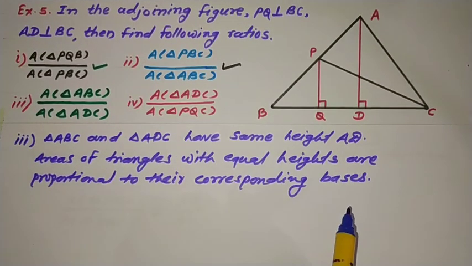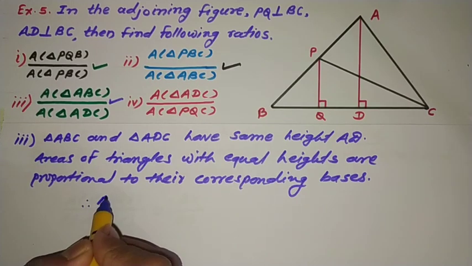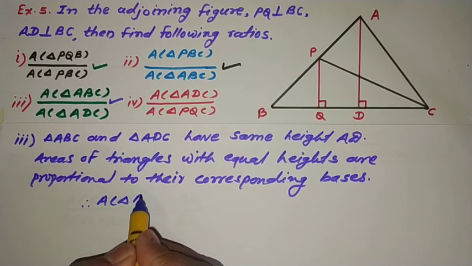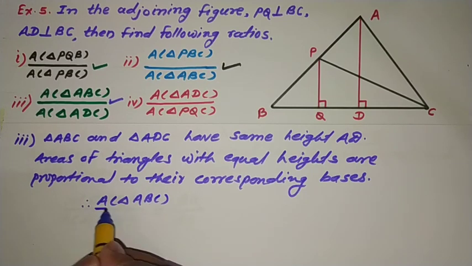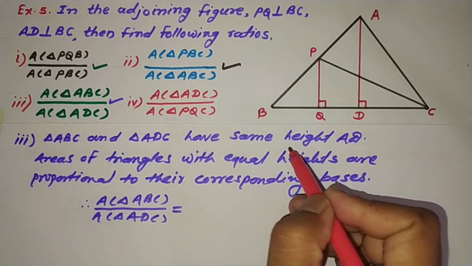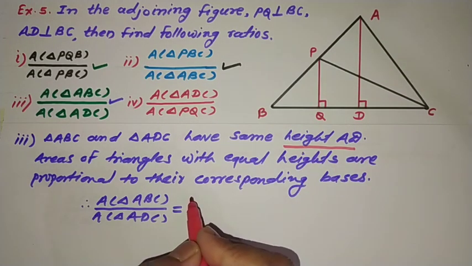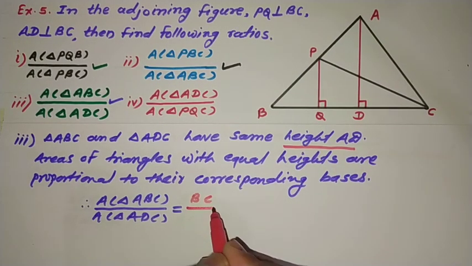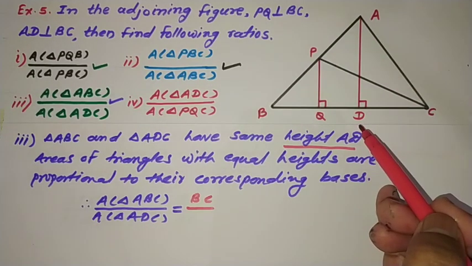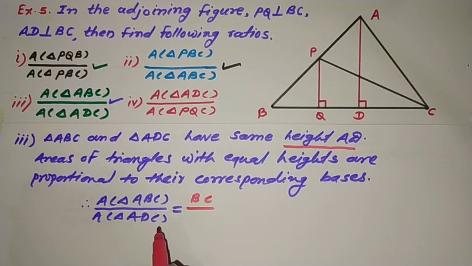Therefore, write down the ratio of the area of triangle ABC upon the area of triangle ADC. The height is the same, so the ratio is of the bases: for the first triangle ABC the base is BC, and for the second triangle ADC the base is DC.